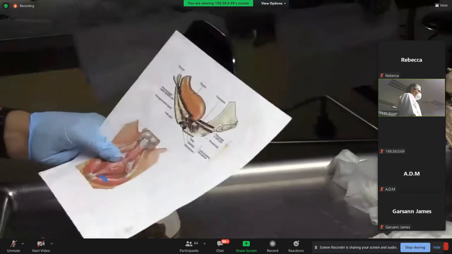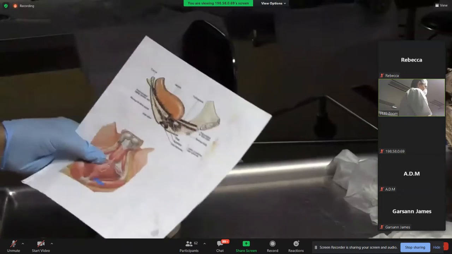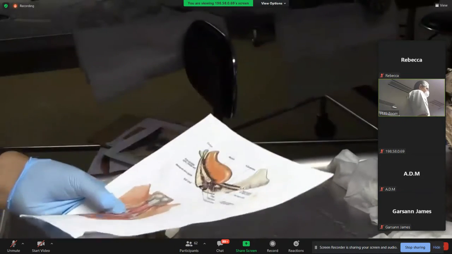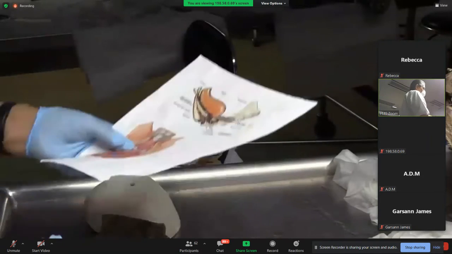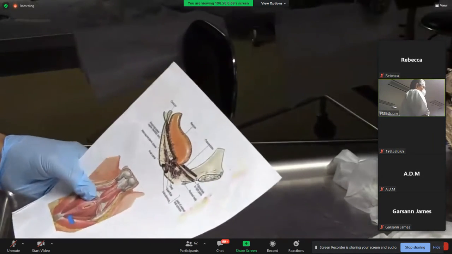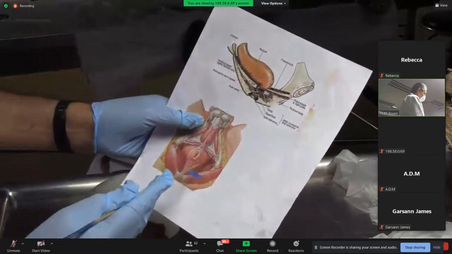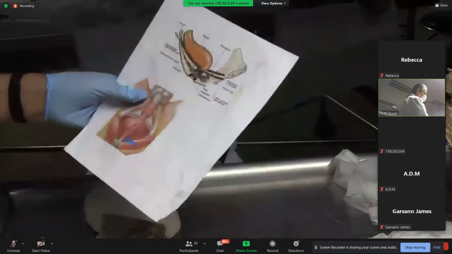So the rectum has a lot of supports. We have Waldeyer's fascia, we have the levator ani, that's the pelvic diaphragm I'm talking about there. Then we have Denonvilliers' fascia, and these fat pads here.